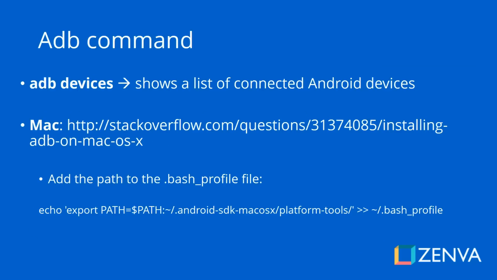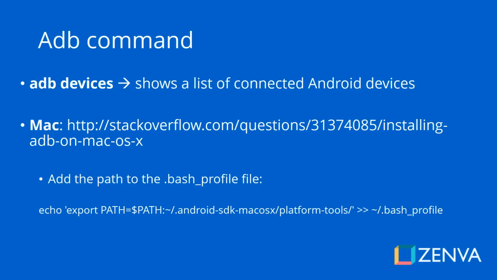One way to check that the device is connected by USB for development is to run a command line called adb devices. The ADB tool comes with the Android SDK. And to be able to run this on the Mac, I've provided a link that explains, but the process is basically to add the path of this command to a file that's called .bash_profile.